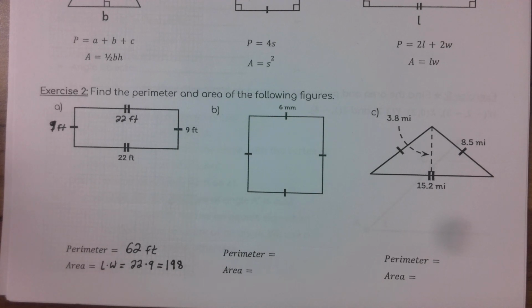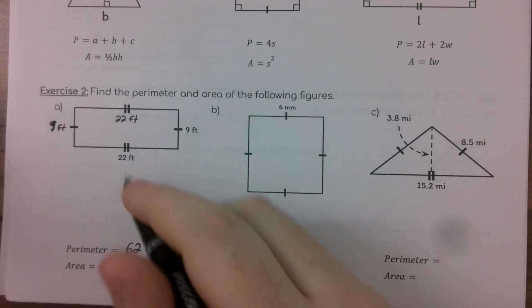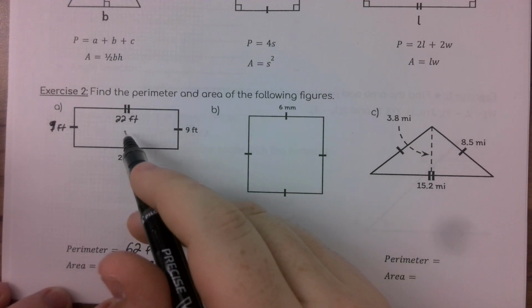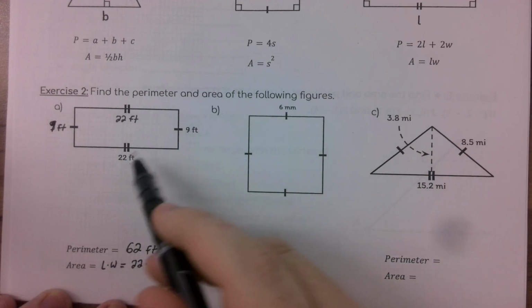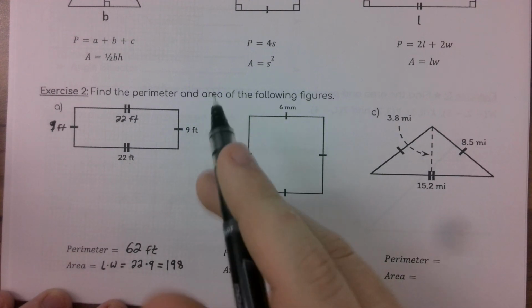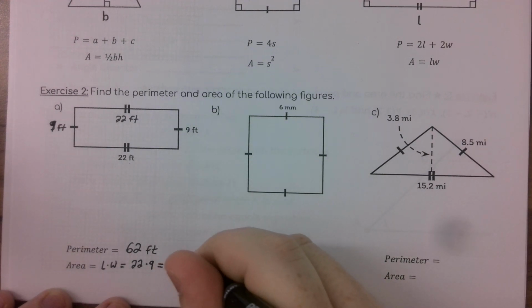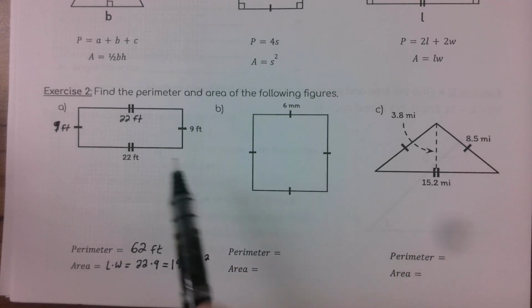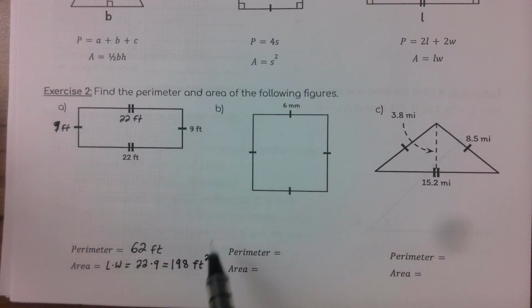But for units, be careful. If our perimeter was in feet, our area is feet times feet, 22 feet times 9 feet. We could write that as feet squared. So since we are multiplying together one unit by another unit, we get that unit squared. Perfect.